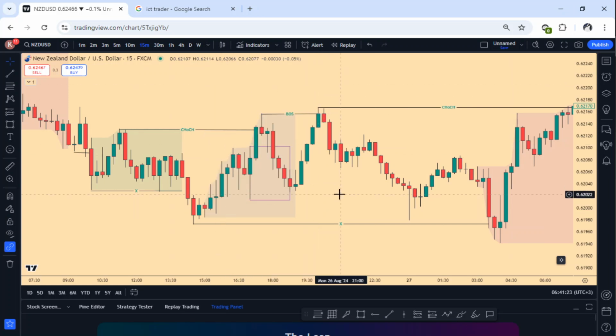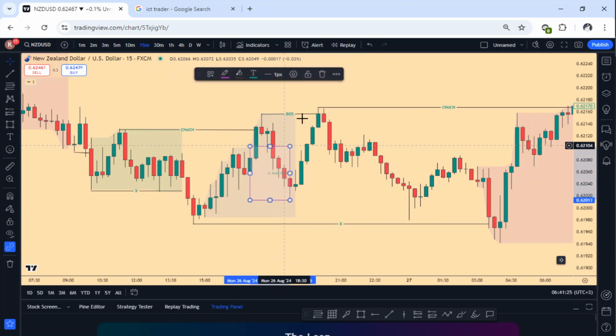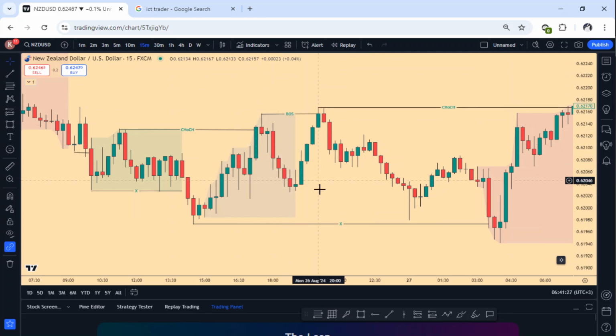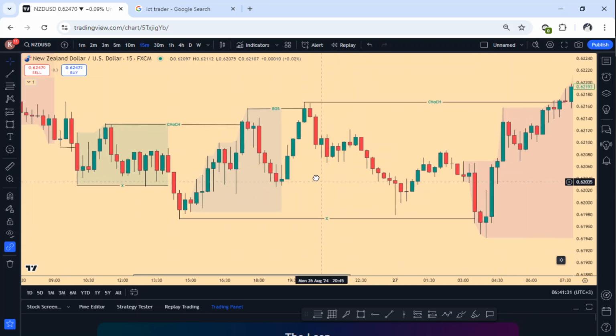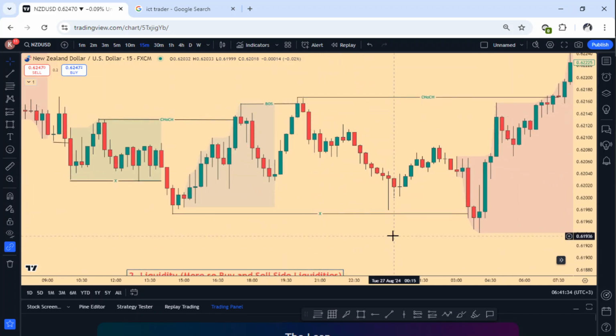Thinking that this is now break of structure, this is Judas swing because overall the higher time frame is bearish, and therefore these are just manipulation points, which I said are highs of the sessions. So as you can see, eventually the market came down.